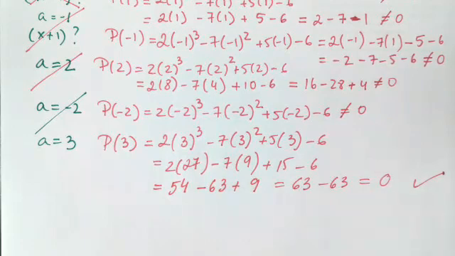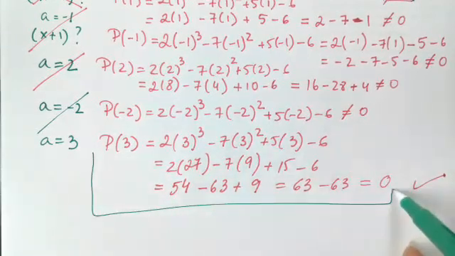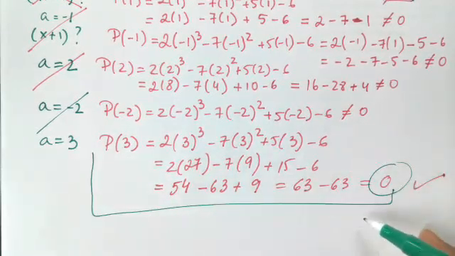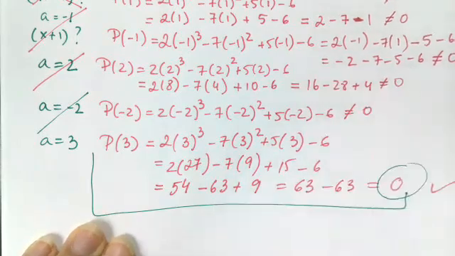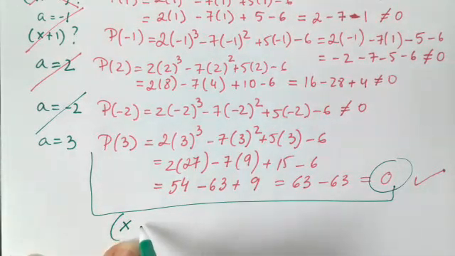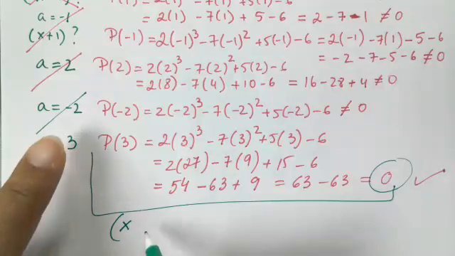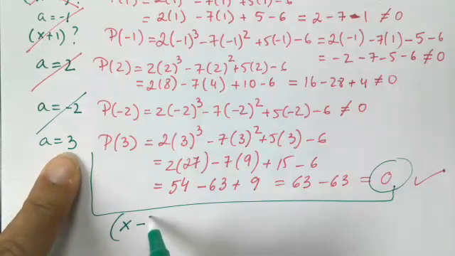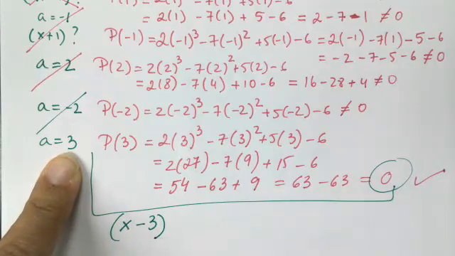What does this mean when you get the factor theorem checked equal to 0, right? That means we have no remainder, meaning the binomial x opposite sign, so -3.